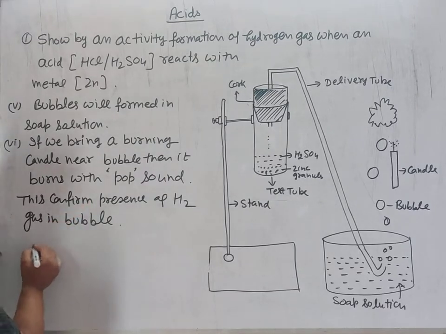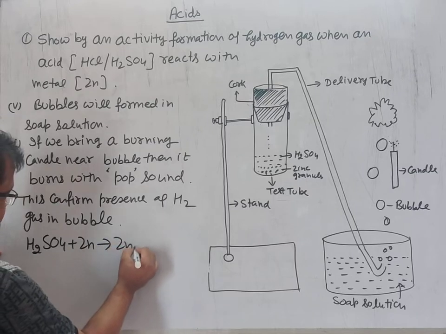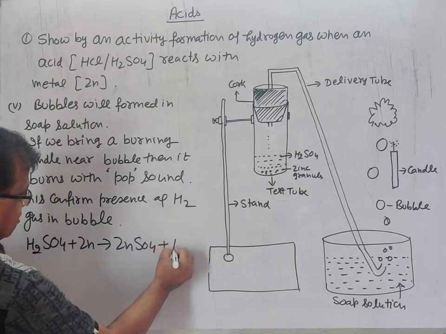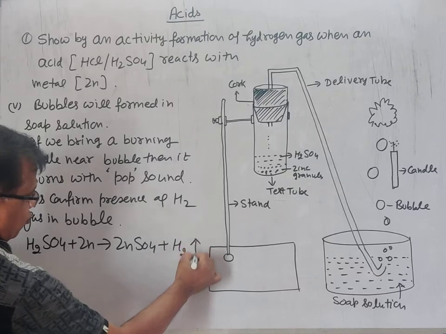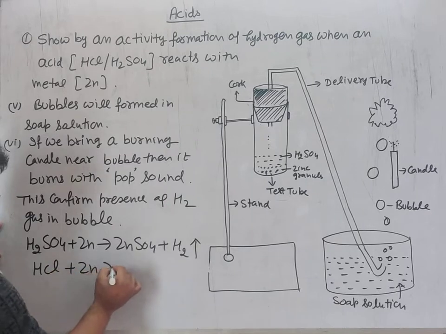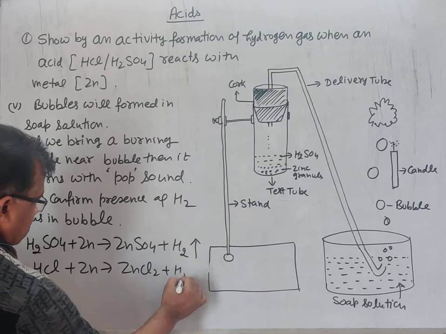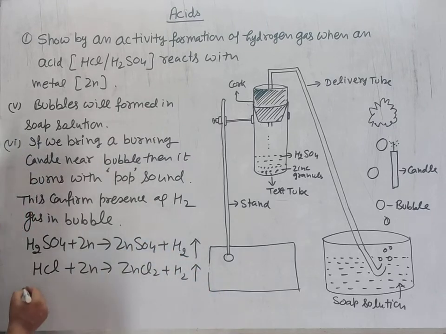If you want to write the equation, you can write H2SO4 plus zinc gives ZnSO4 plus hydrogen gas. If you are using HCl, hydrochloric acid, and zinc, then ZnCl2 plus hydrogen gas will be formed.